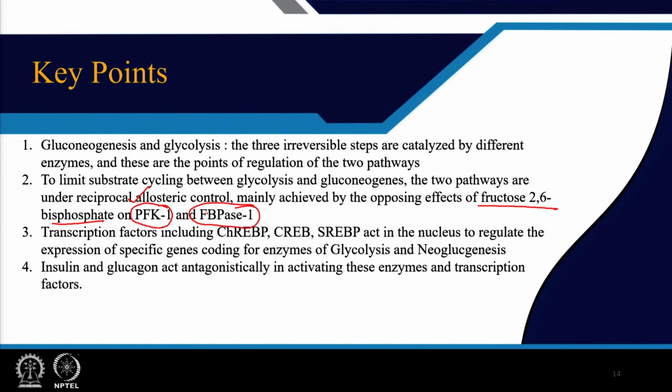Then there are different levels of transcriptional regulation, where transcription factors like ChREBP, CREB, and SREBP regulate the synthesis of different enzymes of glycolysis and gluconeogenesis, and all these regulations are mostly done by the hormones insulin and glucagon.